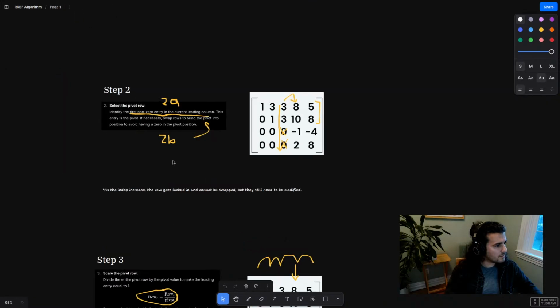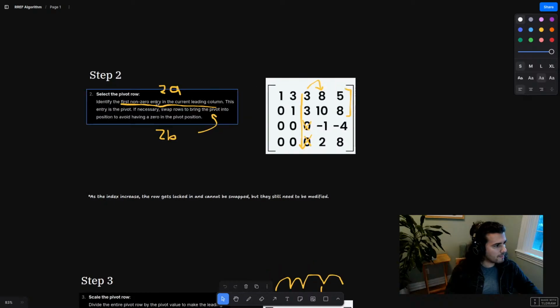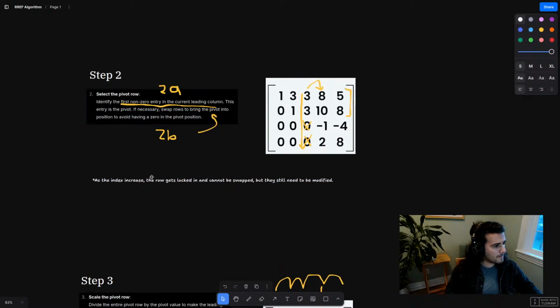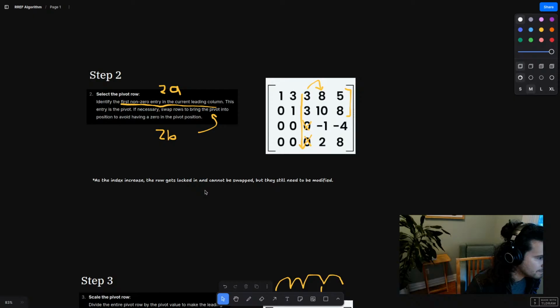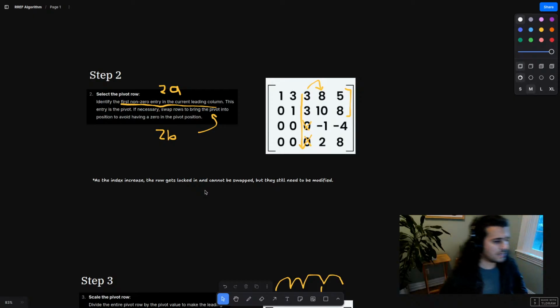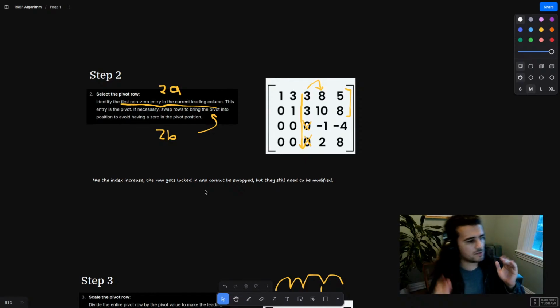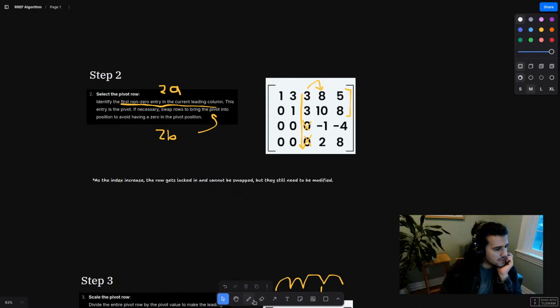So wait, select the pivot row. Yeah, there needs to become kind of like a bound. I guess I just need to bound my search between the index that I'm at.